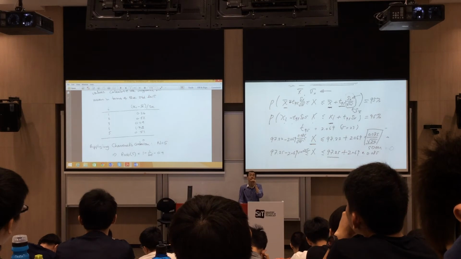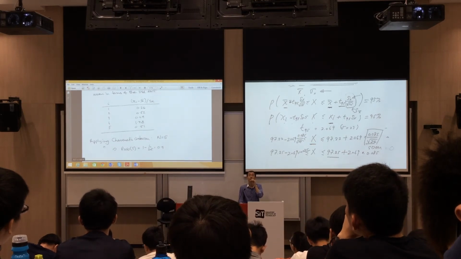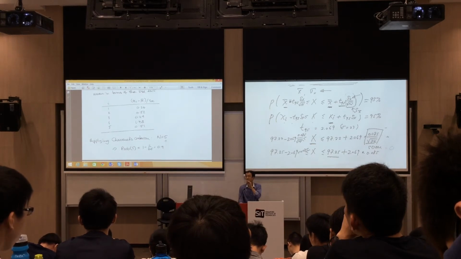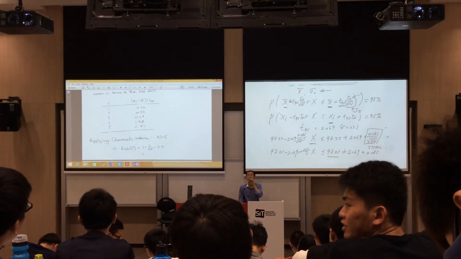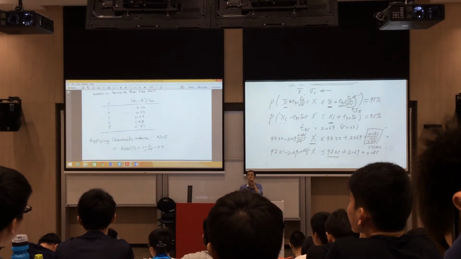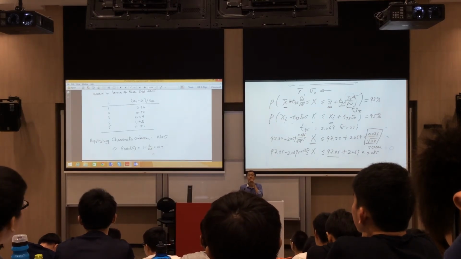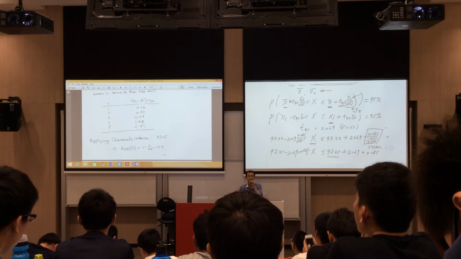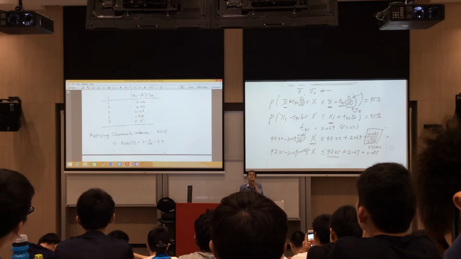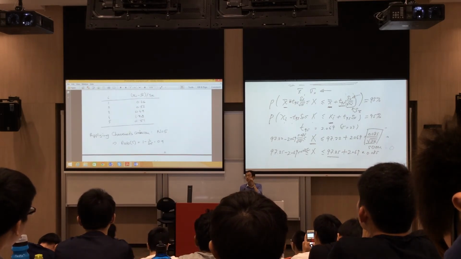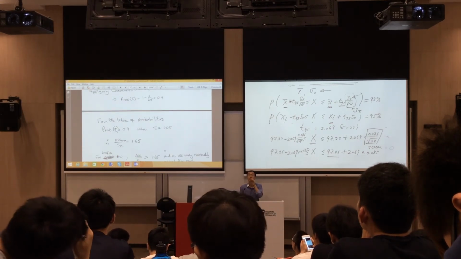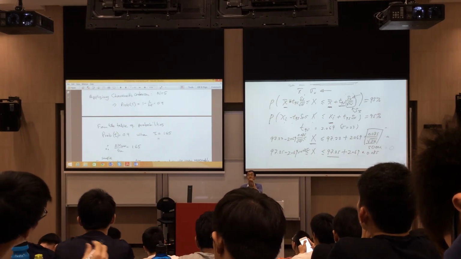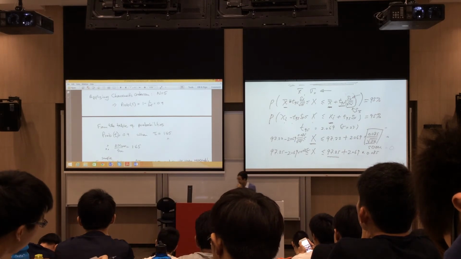Next, you need to apply the Chauvenet criterion. For this case, we have 5 measurement data, which corresponds to the probability 1 minus 1 over 2 times 5, which is 90%. Then you look at your Gaussian distribution table. What does 90% correspond to? It will correspond to 1.65.